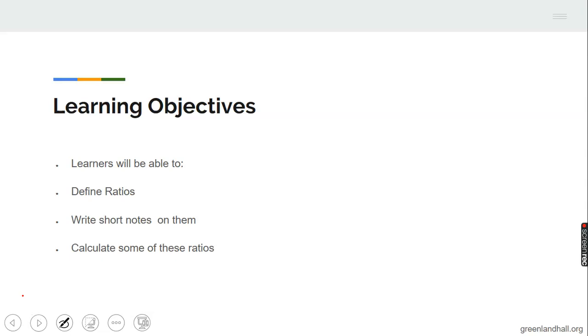Before we go ahead and explain in details, we are going to look at the objectives. What are the objectives of studying accounting ratios?